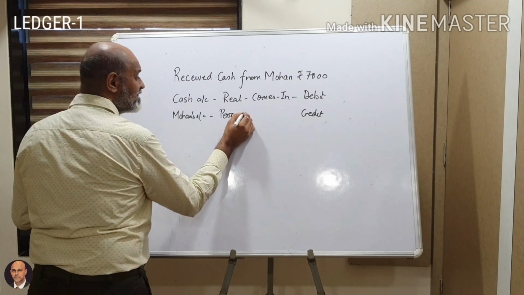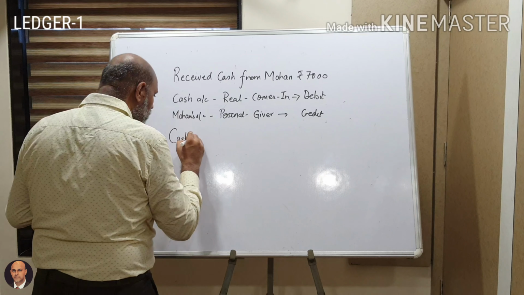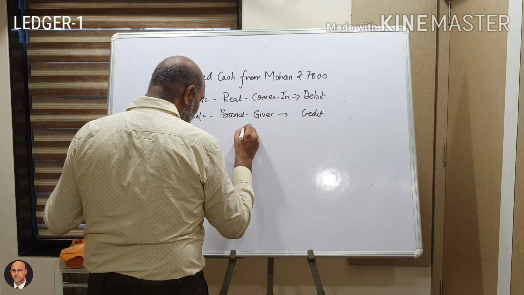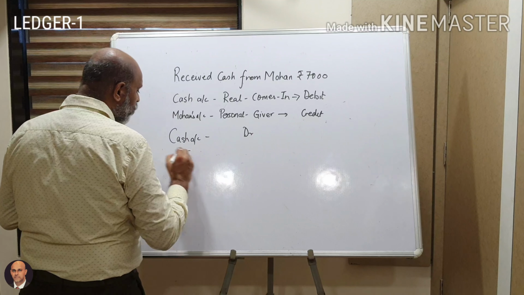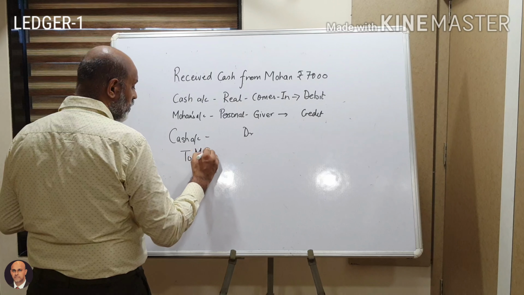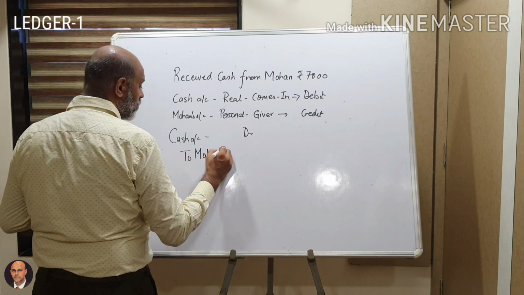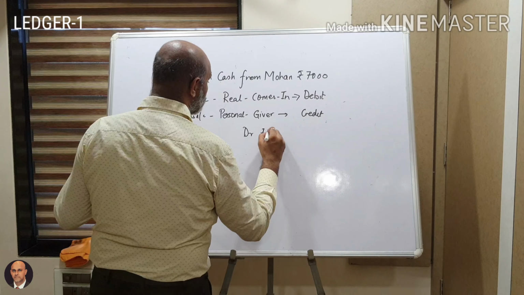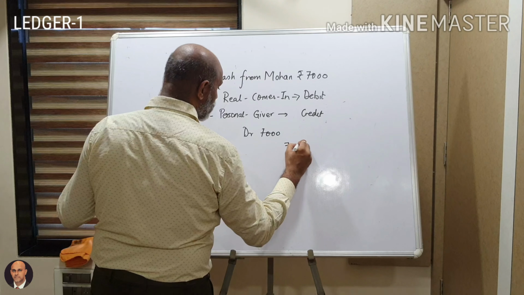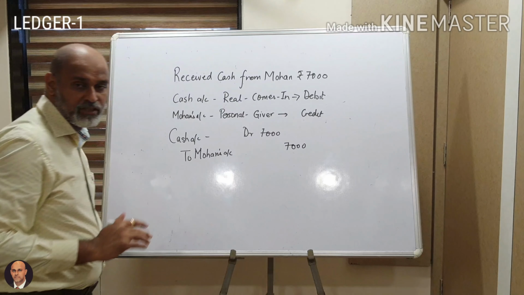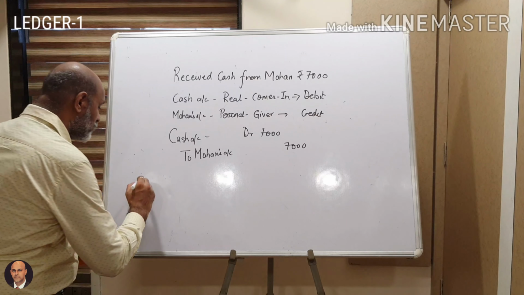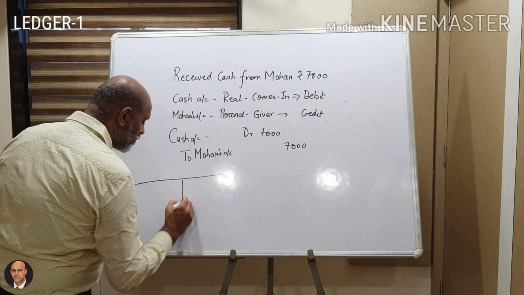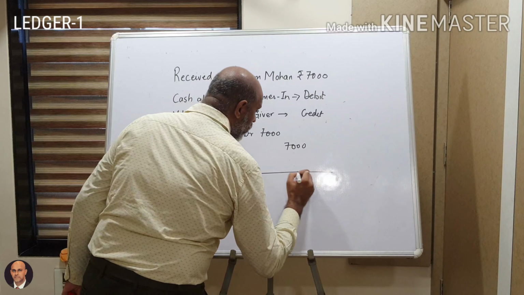Okay, so when we write the journal entry, it will be cash account debit to Mohan's account 7,000. So if we have to open a rough ledger account, we have to open two ledger accounts. One is your cash account and the other is Mohan's account.